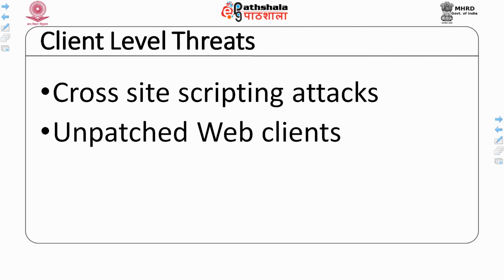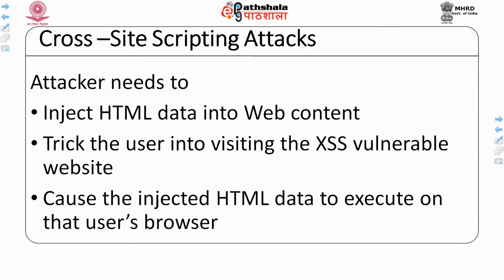There are two types of client level threats. One is cross site scripting and another is unpatched web clients. To start my discussion with cross-site scripting, the first threat at the client level, what does an attacker do?